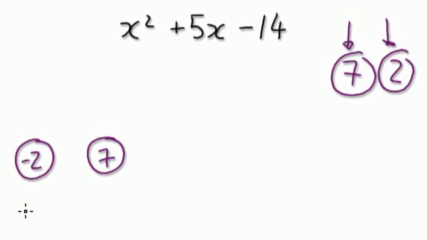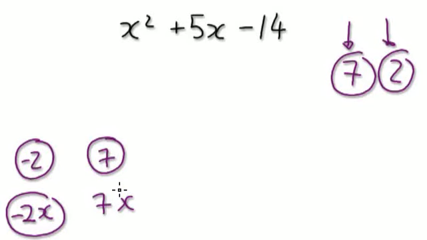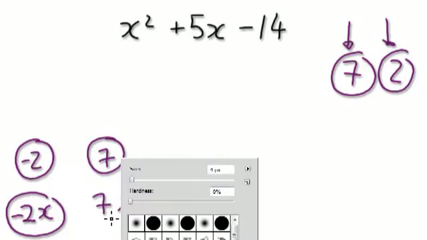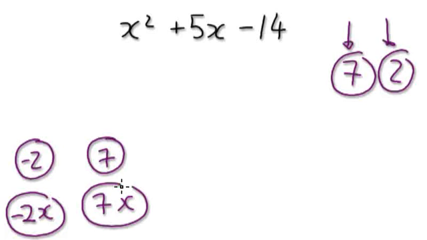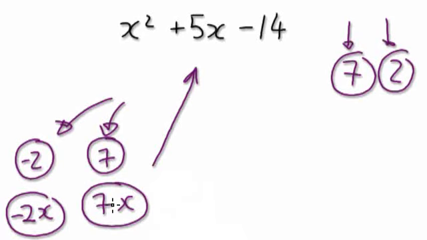If you do it this way, you're going to have negative 2x later on, and then positive 7x here, and if you merge these two together, it will give you 5x. So this here is a good choice.